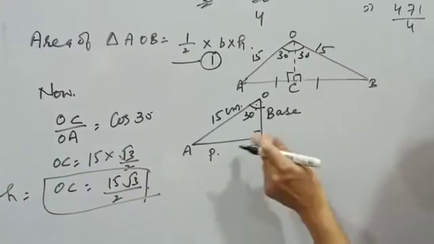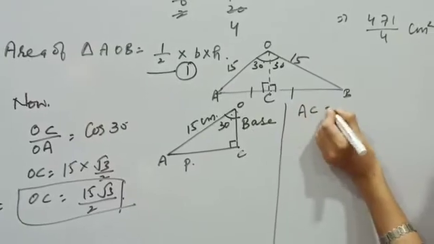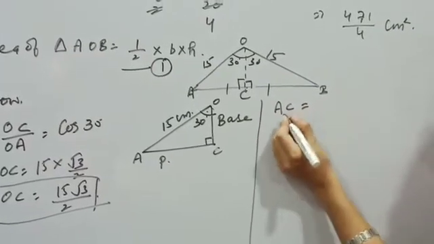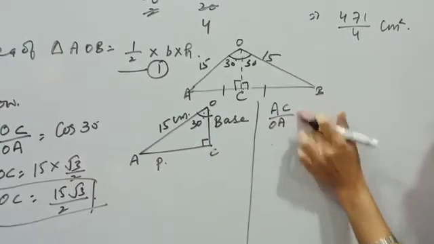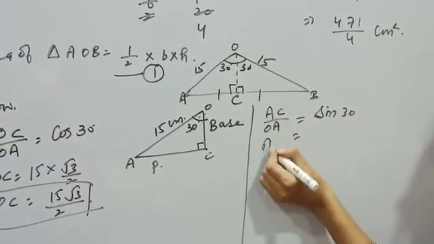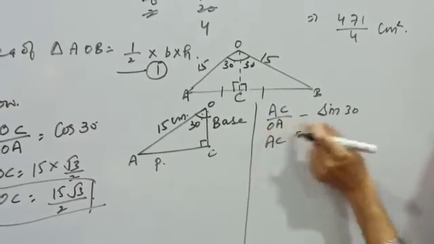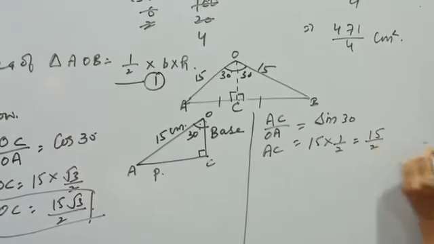Now let us find out the AC value. AC, the perpendicular, upon hypotenuse OA is equal to sin 30. So AC is equal to 15 multiplied by sin 30, and the sin 30 value is 1 by 2. So we can write 15 by 2.